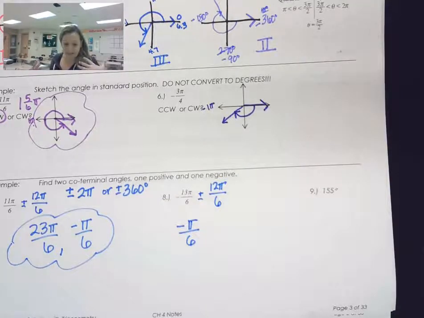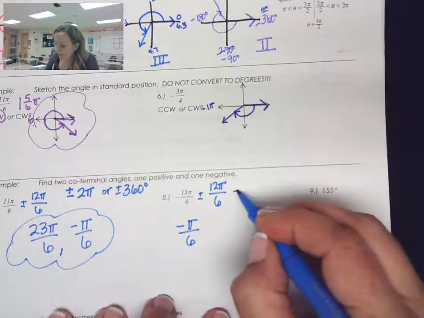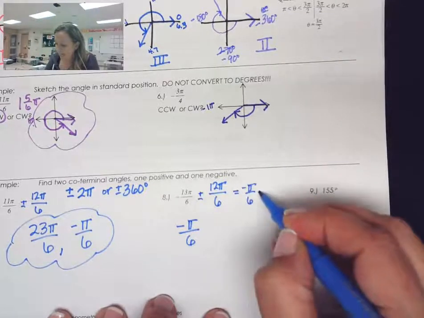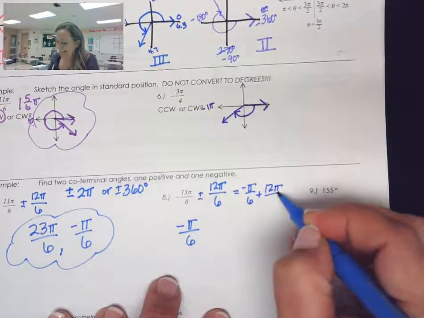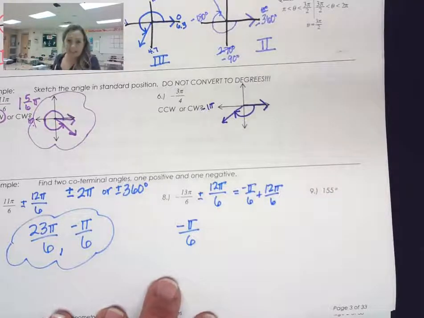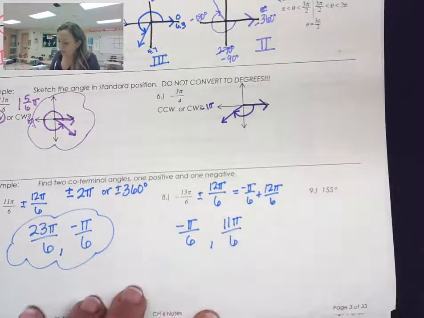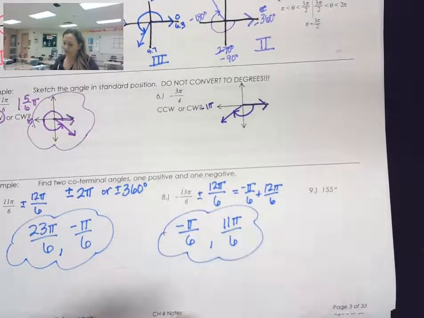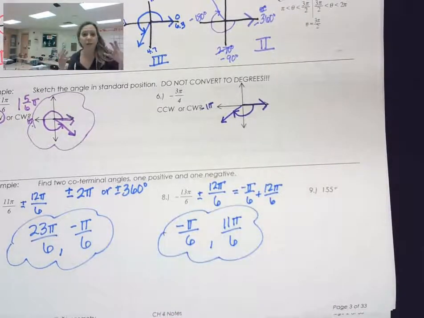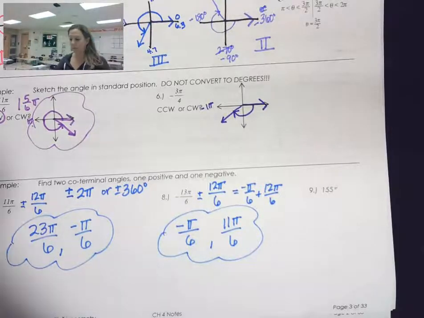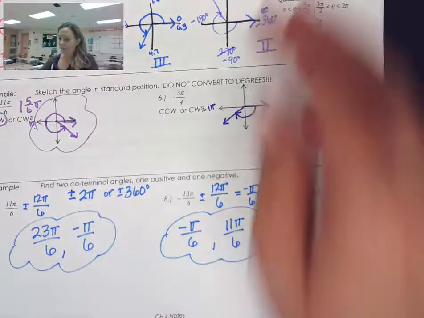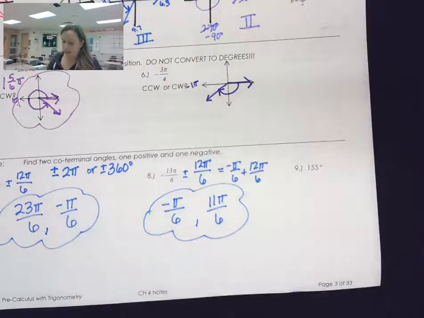That's not going to help us, is it? So if that happens, in this case, we would just add another 12 pi over 6 until we get a positive angle. And here we're able to get one relatively quickly, all right? But if you end up with two angles with the same sign, just keep adding or subtracting forms of 2 pi until you get the sign that you need.